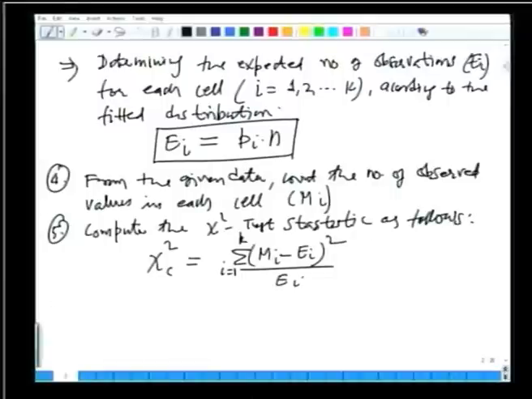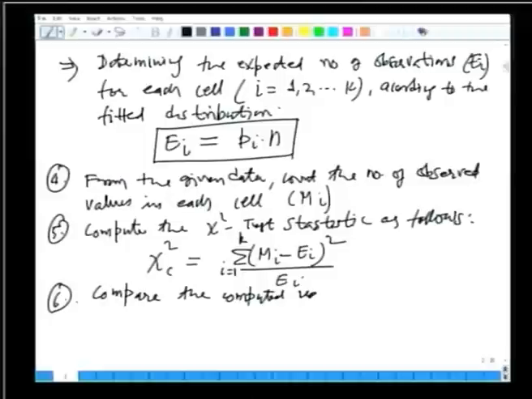Then coming to the next step, what we do is we always compare the computed test statistic with a standard value. All right. So then we say compare the computed value of your chi-square with the tabulated values.